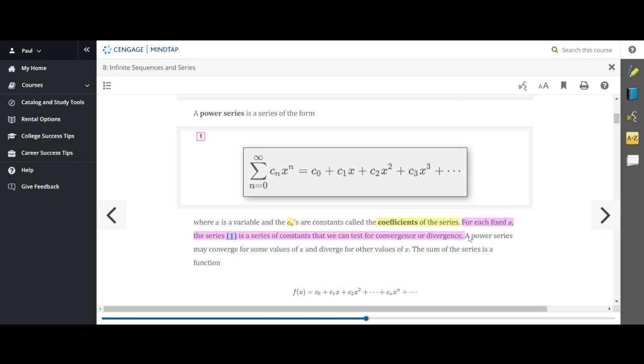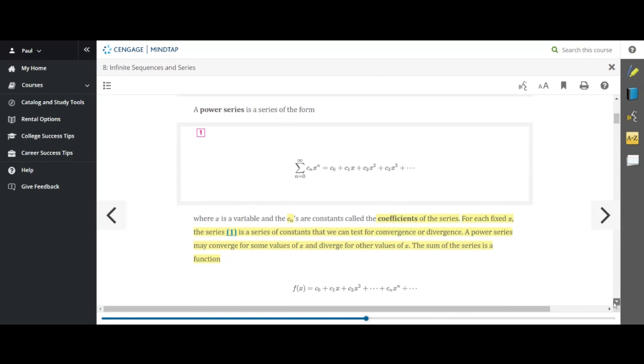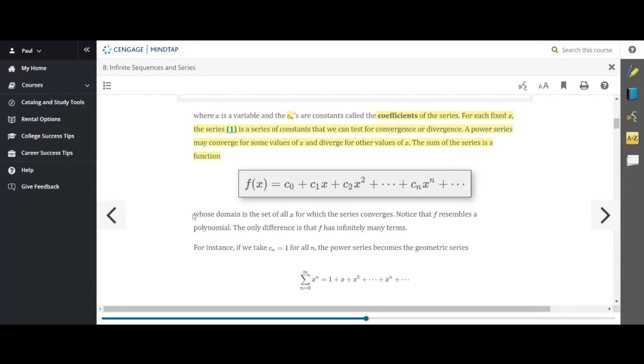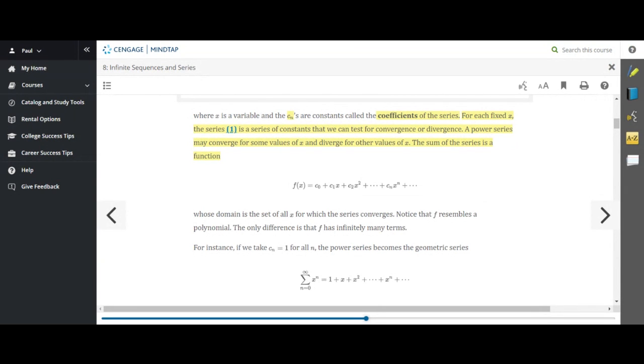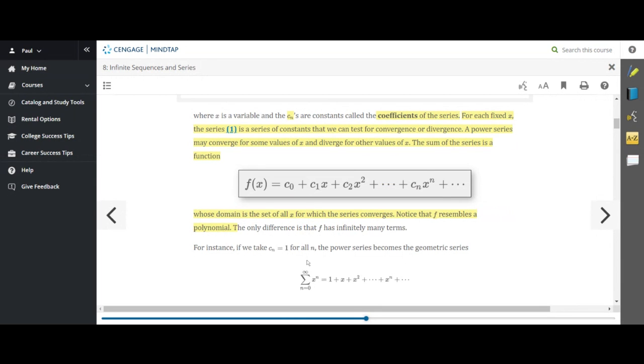Because a power series may converge for some values of x and diverge for other values of x. And what they do here is they reiterate what I just mentioned.